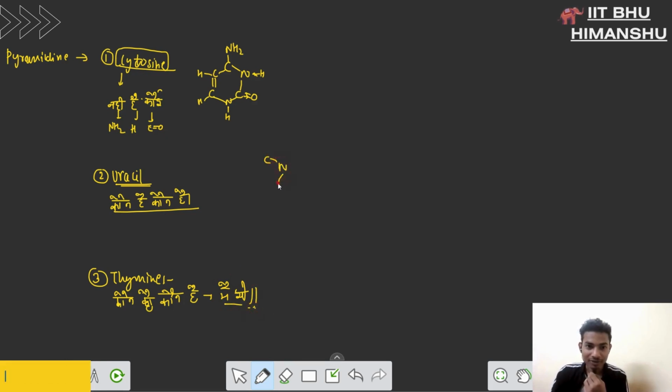The carbon, nitrogen, carbon, nitrogen, carbon, double bond carbon here. That is 'kon hai', it means C double bond O. H means hydrogen, and C double bond O, then again hydrogen.